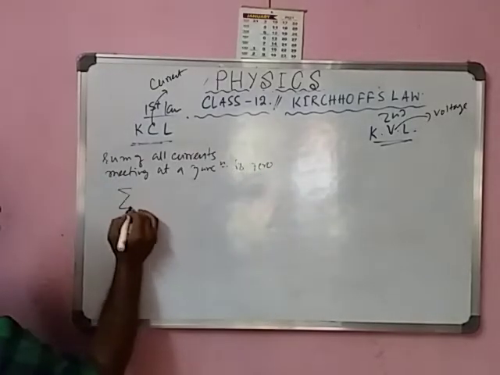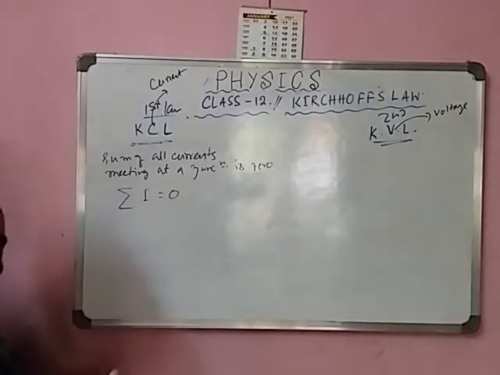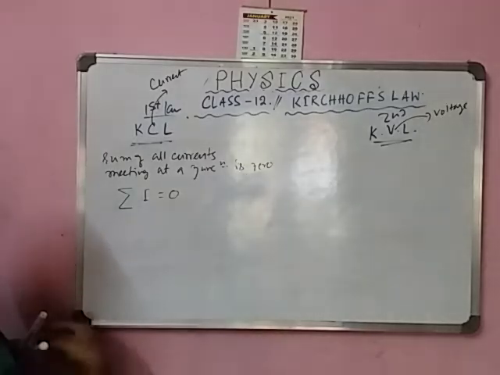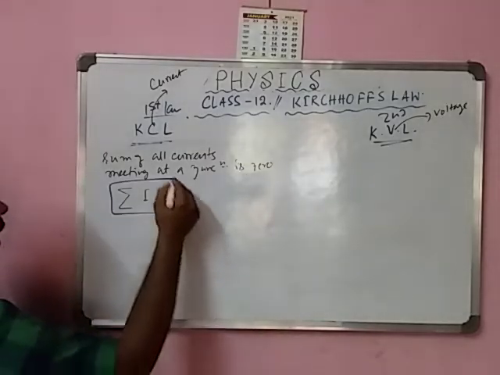It means summation of I is equal to 0. You must write the expression. So the KCL expression is summation of all I equal to 0.